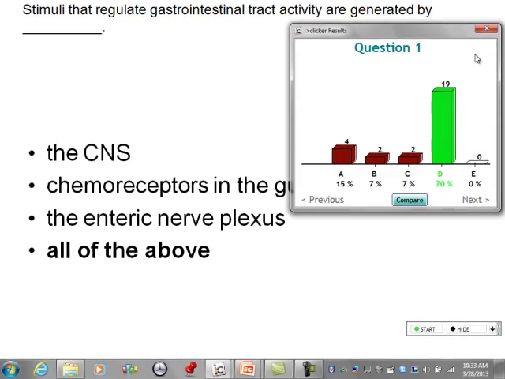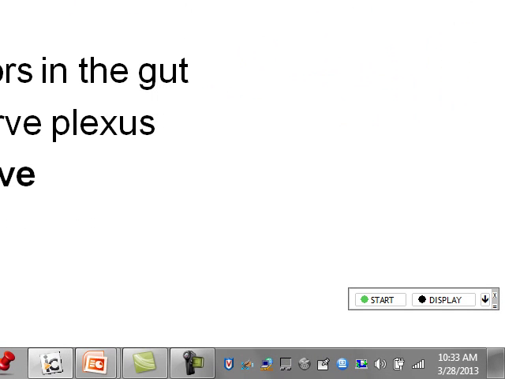So remember, not only is there a chemical signal, but don't forget the nervous system's role. The nervous system plays a big role in this process. And then the enteric nerve plexus. First of all, if you have a multiple choice question, and you can definitely say two of these things, and there's a choice that says all of the above, what are you safe putting down?